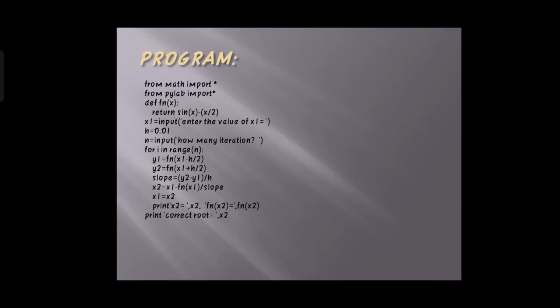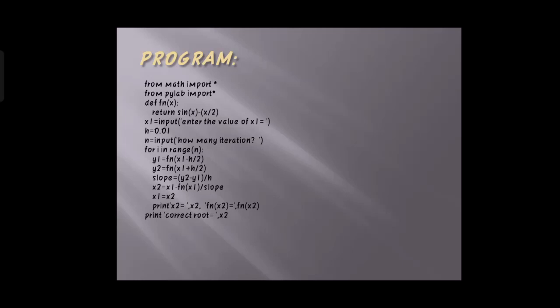Next, we take the value of x1 from the user. Then we set the step size at 0.01. Now we take the number of iterations from the user and store it in the variable n. Then we execute the for loop, in which i runs from 0 to n minus 1.